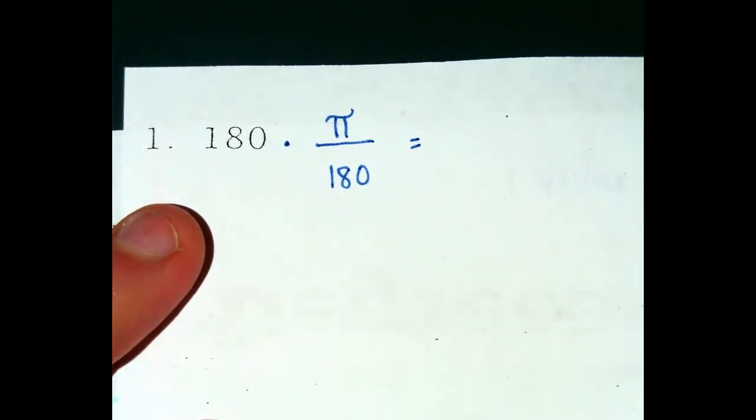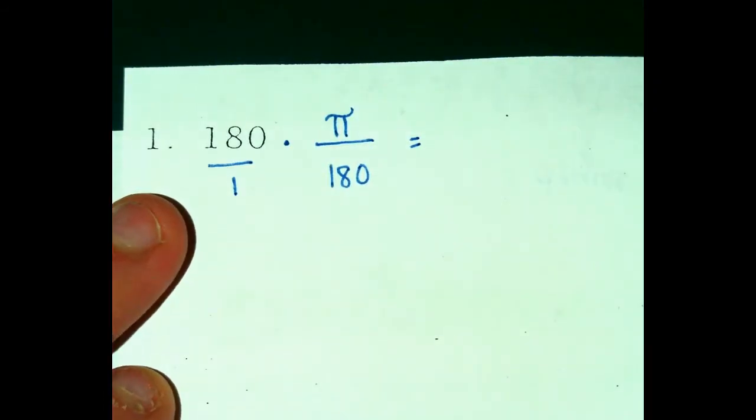180 degrees. So I'm literally going to take this and multiply it by pi over 180. If you need to add a 1 underneath, that's fine.